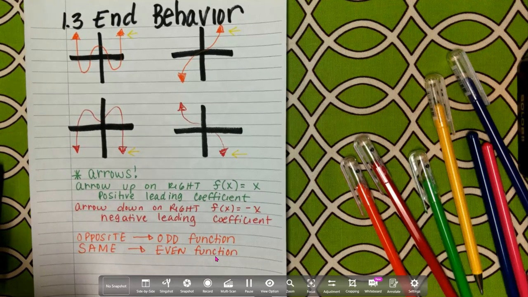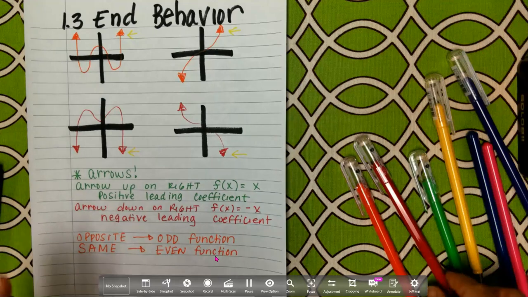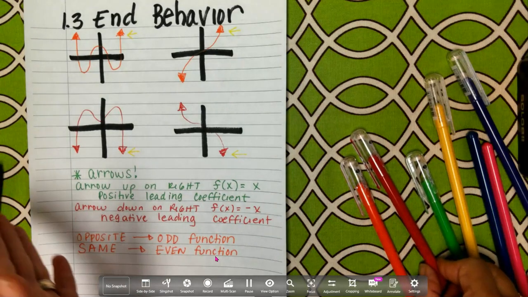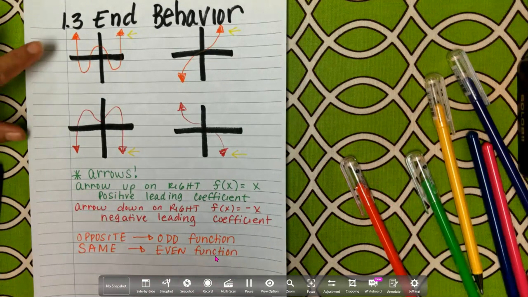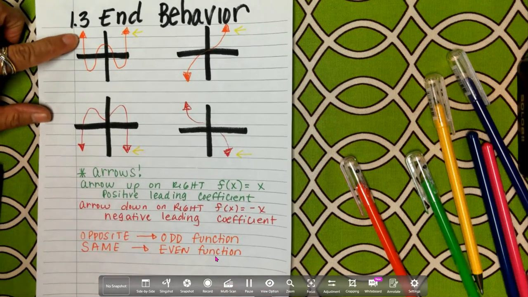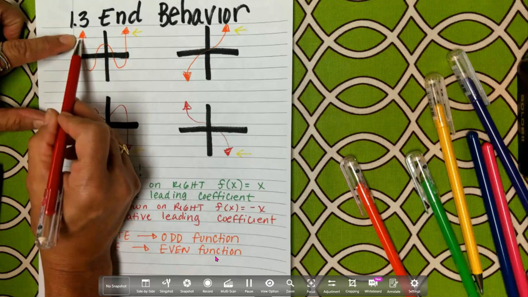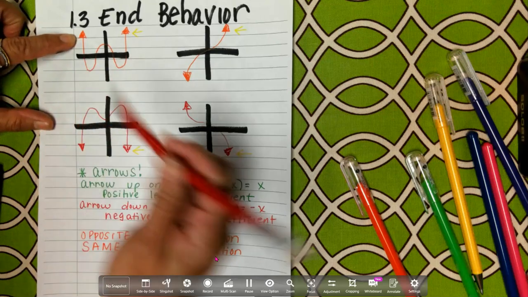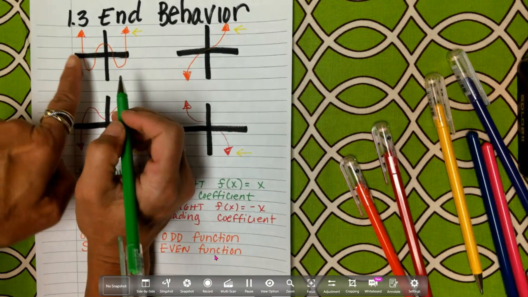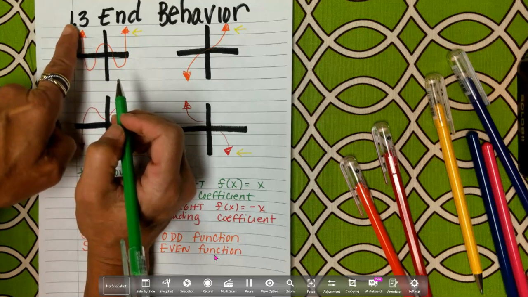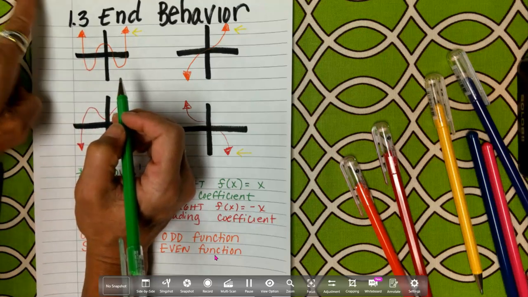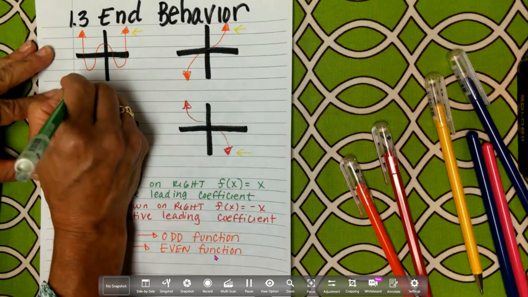Okay, so let's start hopping into end behavior. So remember, for end behavior, it's all about the arrows, and we scan it like a graph from left to right. So the first thing I see is an arrow. Arrow means infinity, and this is the negative infinity part of the x-axis. So as my x values continue to go left, they're getting lower and lower and lower.